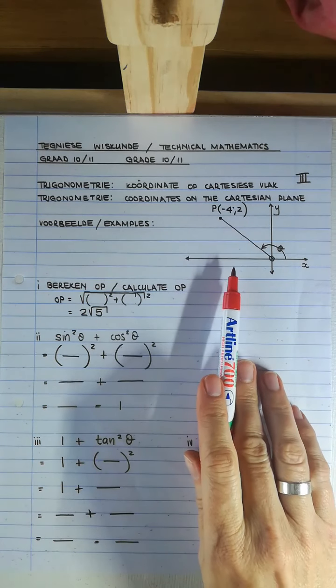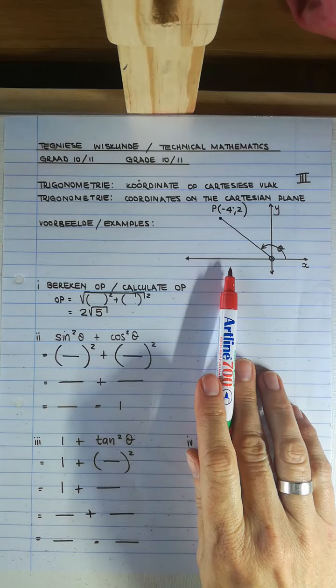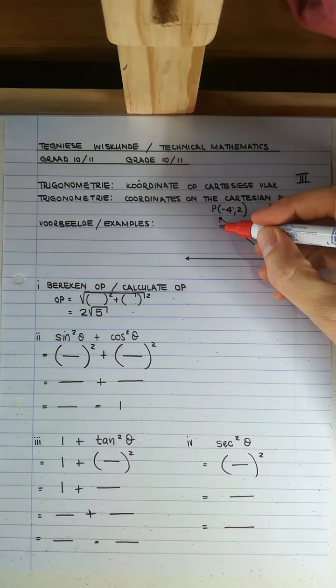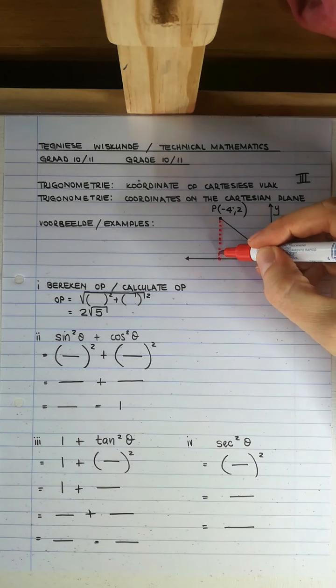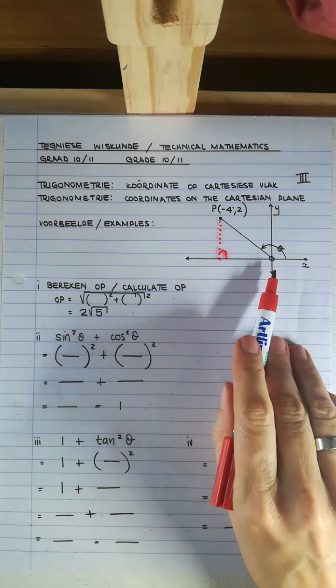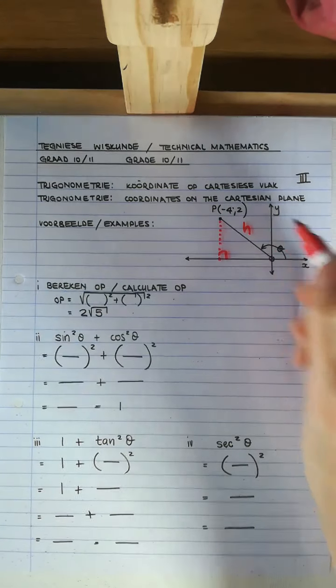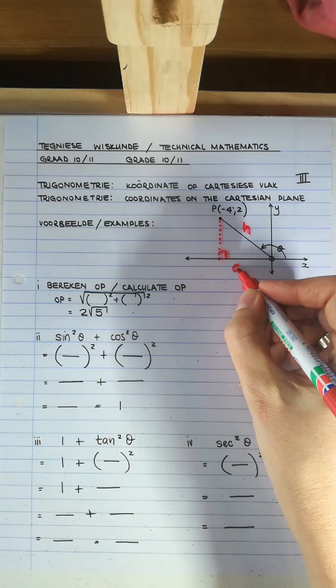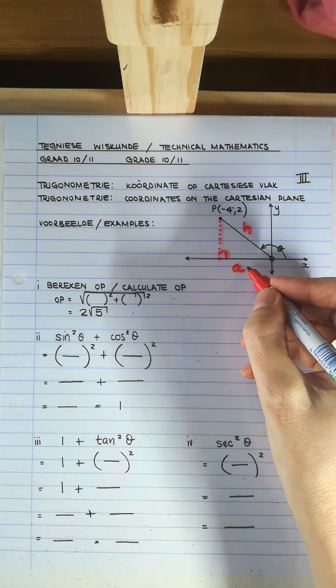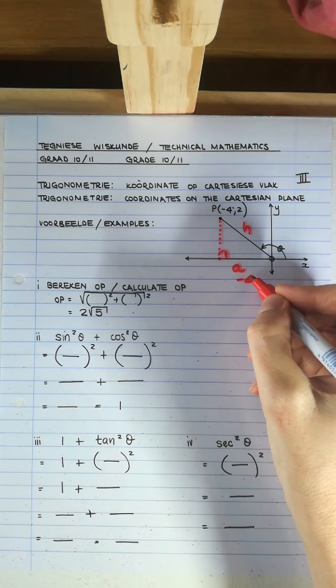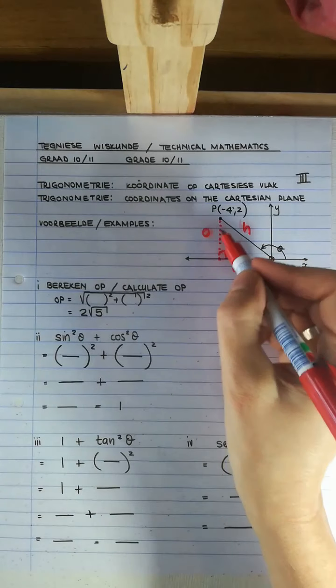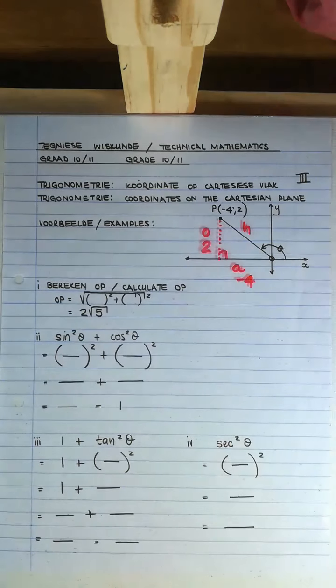If we construct a right angle triangle here by drawing a perpendicular line, we will see that OP is in fact the hypotenuse, and the adjacent side is equal to -4, and the opposite side is equal to 2.